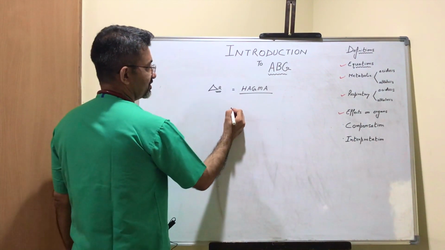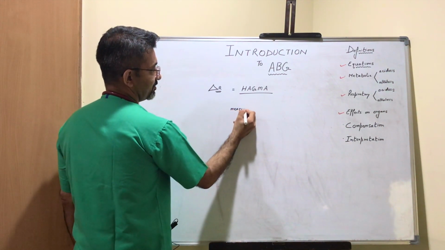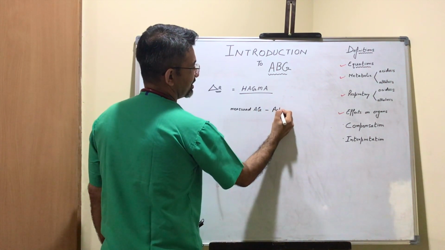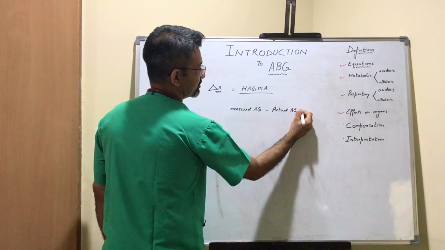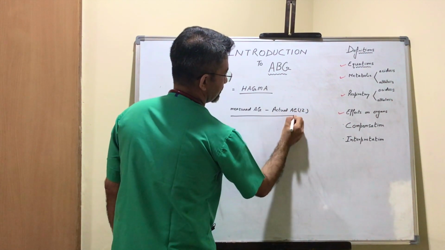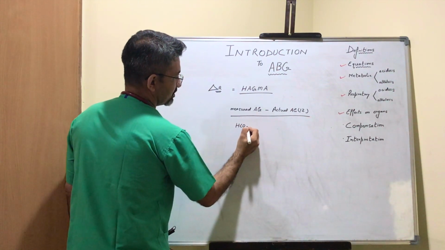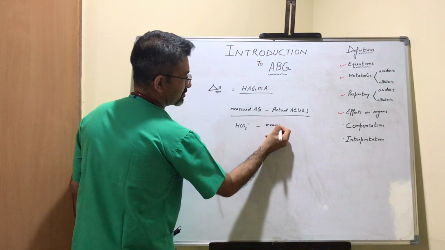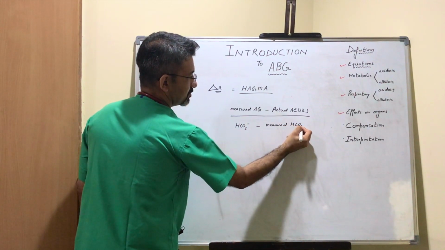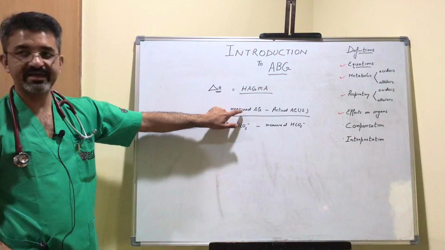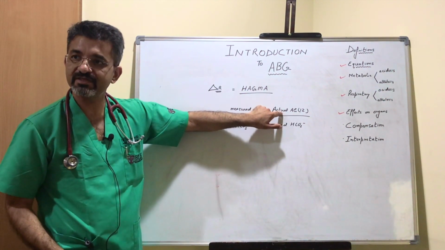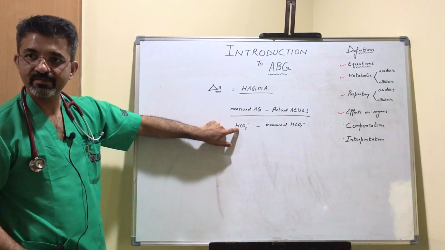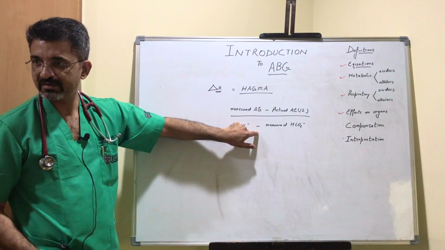You take the measured anion gap and subtract the actual or real anion gap, that is 12, and you divide this by the normal HCO3 minus the measured HCO3.